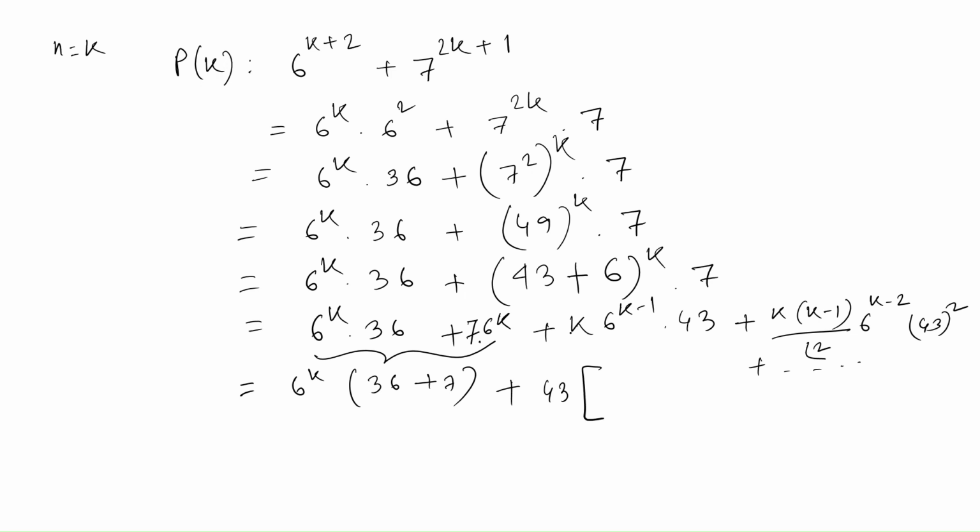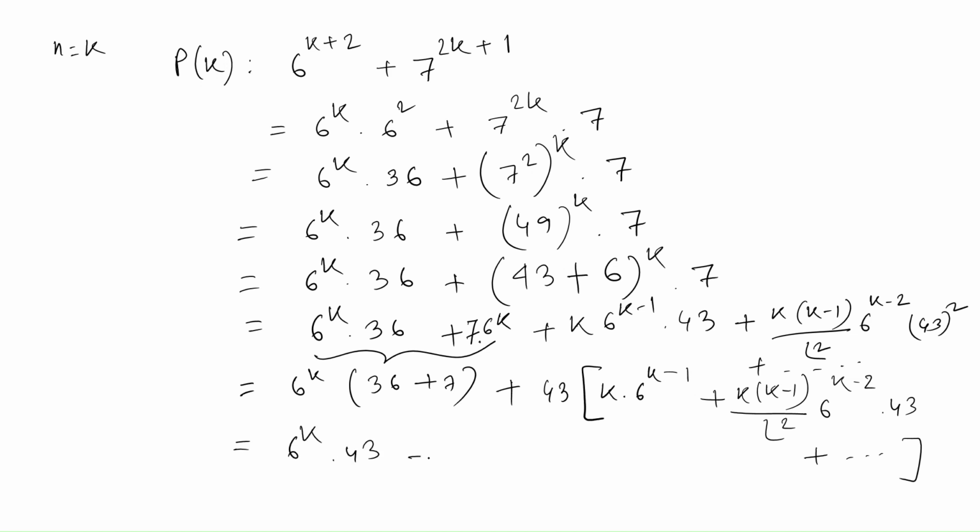So if you take 43 common, then there is k into 6 power k minus 1 plus k into k minus 1 by factorial 2, 6 power k minus 2 into 43, plus so on. Now this is 6 power k into 43 plus 43 into the whole term.